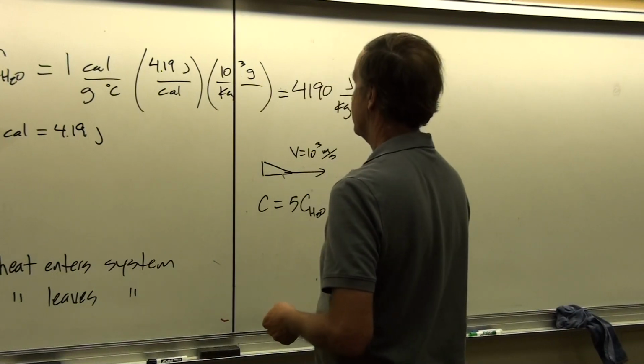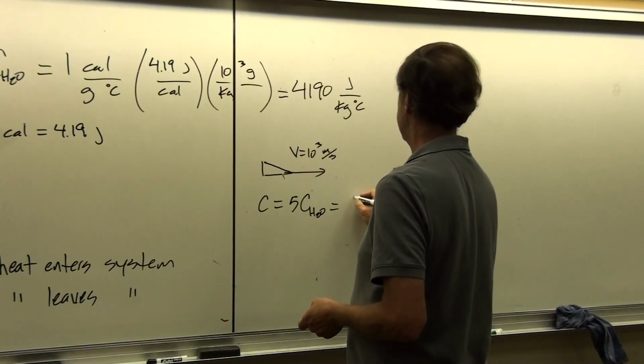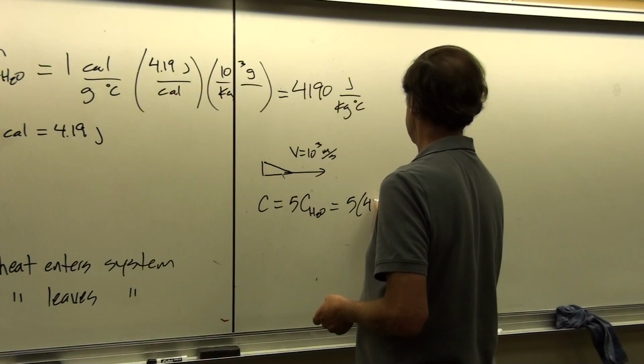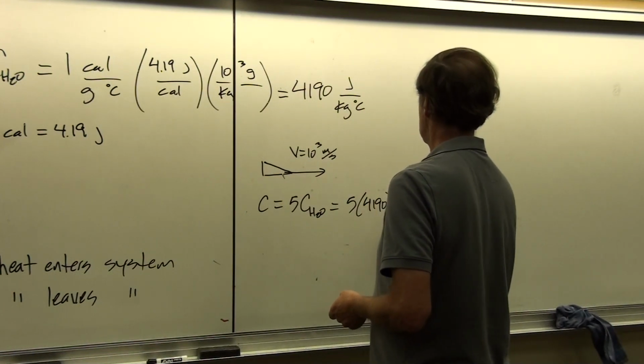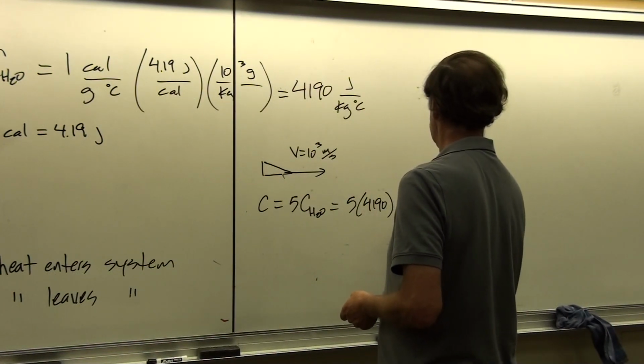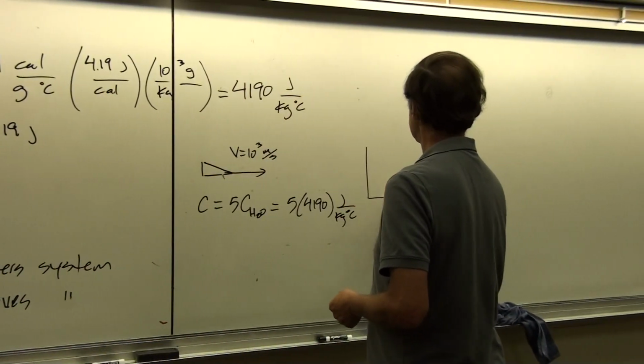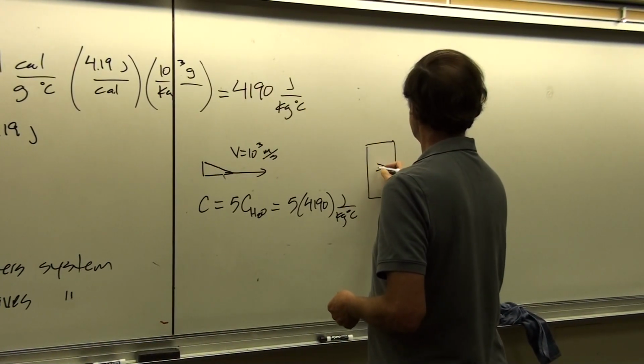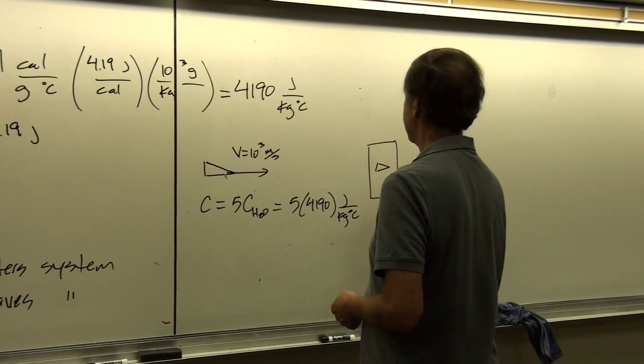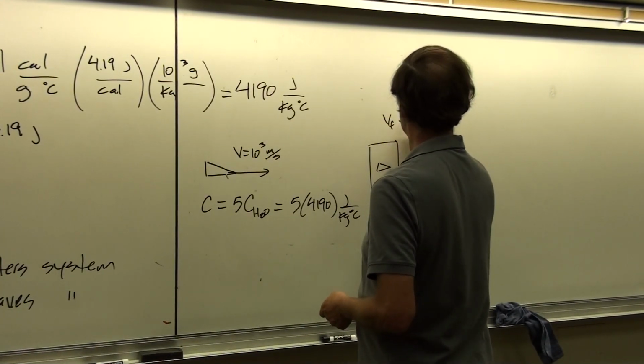For this problem, that would be 5 times 4190 joules per kilogram degree centigrade. Let's say that this bullet embeds itself in a block, and so the final velocity is 0.